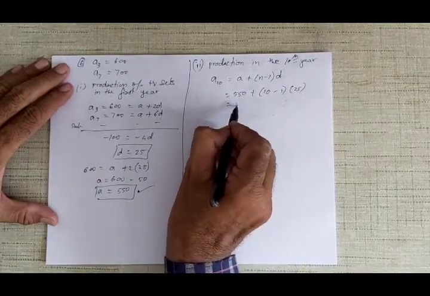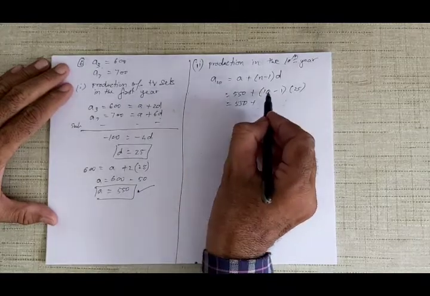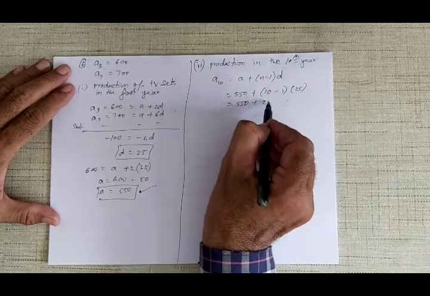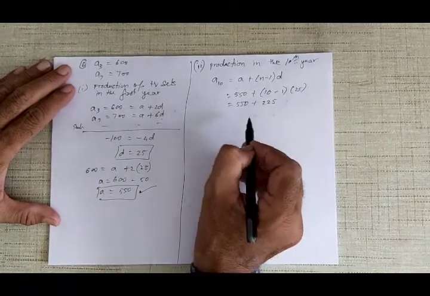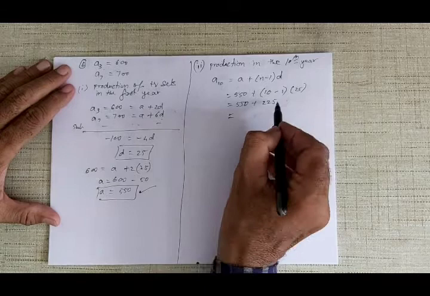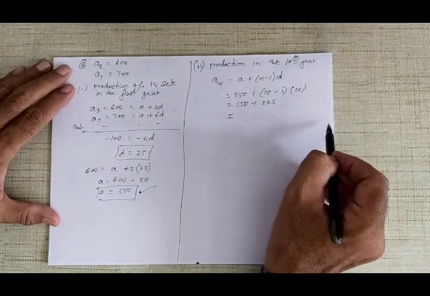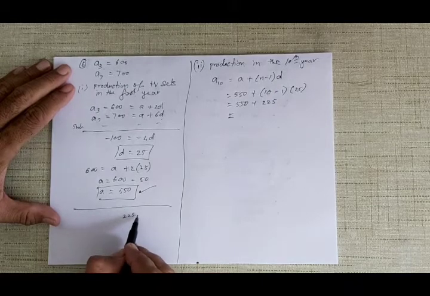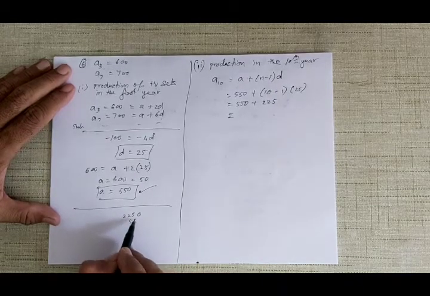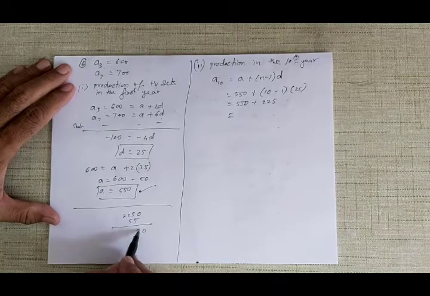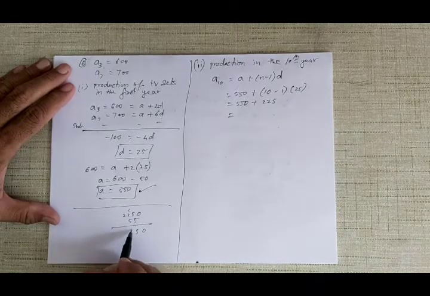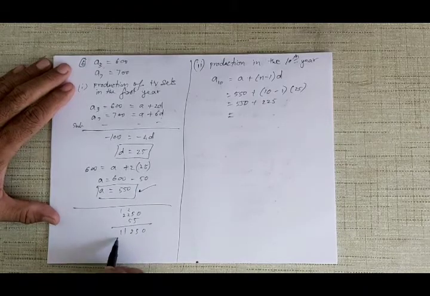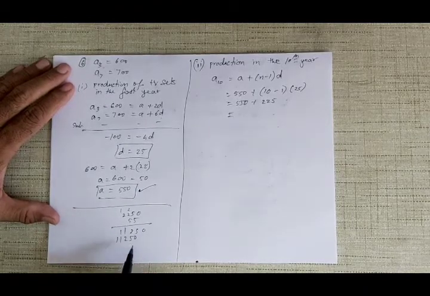Okay. So 550 plus 10 minus 1 is 9. 25 into 9 is 225. Okay. So that is 225 into 550. Okay. So just multiply it here. So 2250 into 55. 5 5s are 25, 5 2s are 10, 11, 12... फिर से 5 से करेंगे तो 1 1 2 5 0.